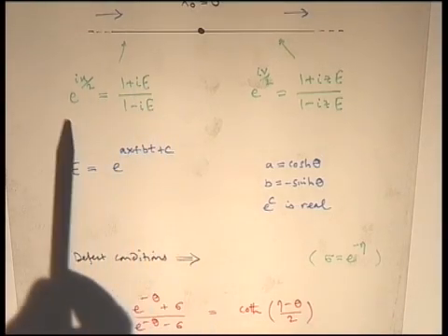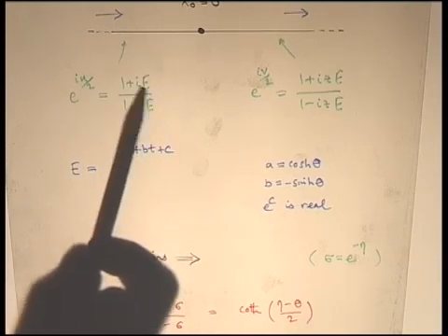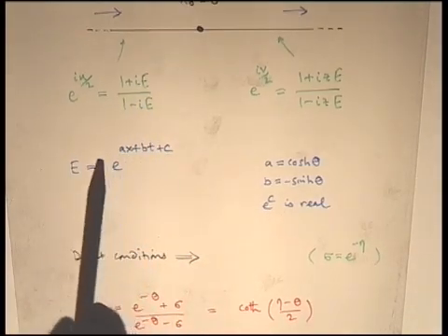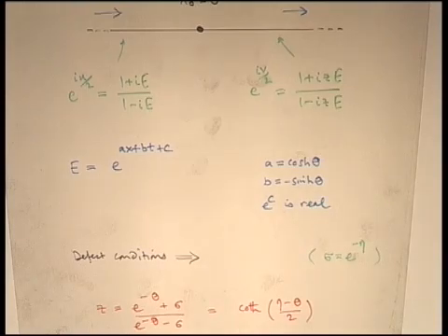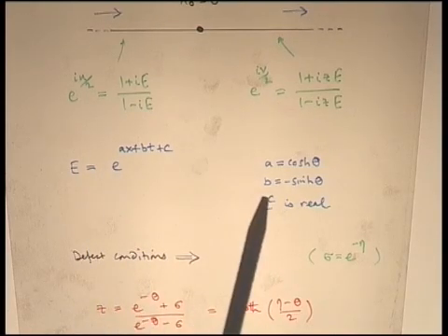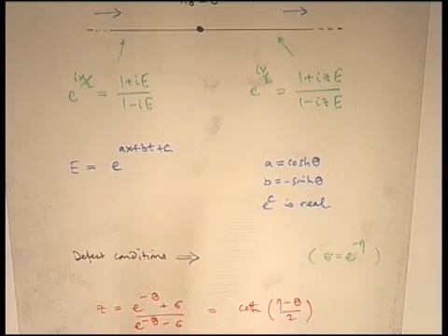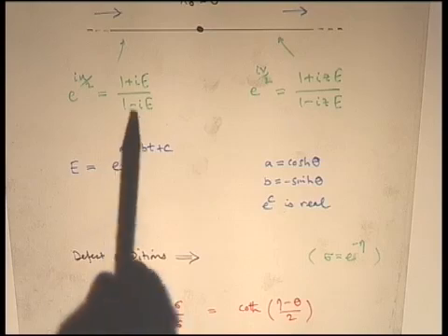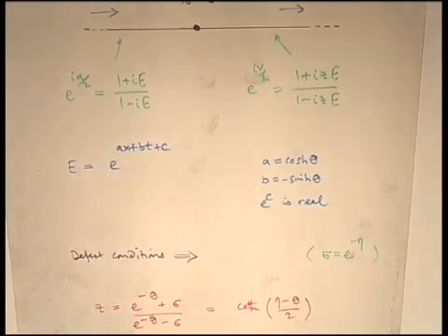So this is a typical soliton where the capital E is just the exponential of some linear function of x and t. And of course, A and B basically tell you what the velocity of the soliton is in terms of its rapidity theta. So that's a typical soliton. A typical anti-soliton would just interchange the plus with the minus. So the anti-soliton just interchanges the numerator and the denominator.